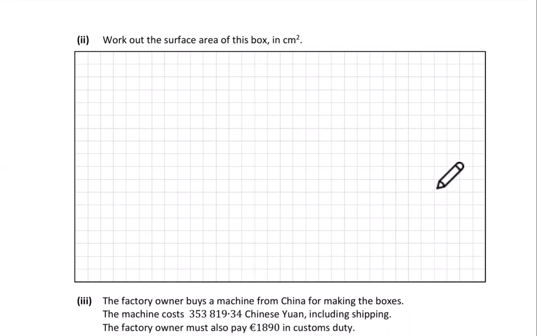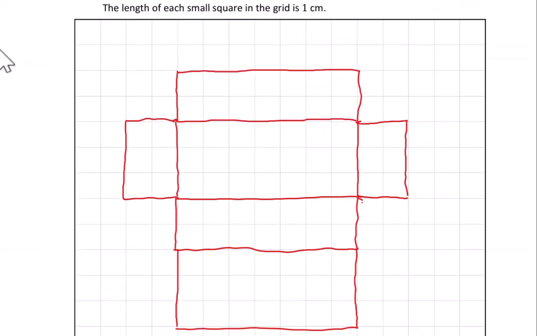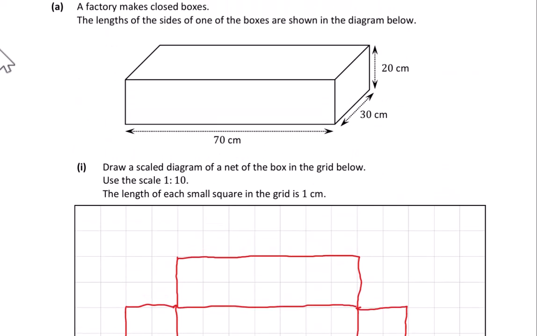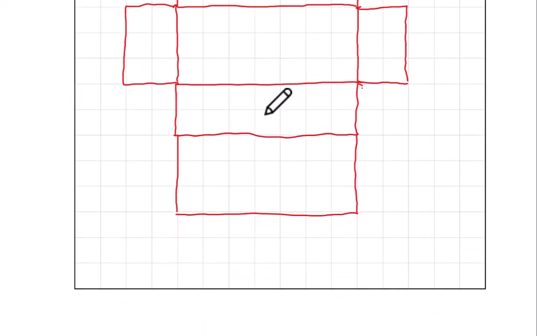Okay, next question. Work out the surface area of this box in square centimeters. Okay, so what you need to do here is find the area of one face and double it, find the area of another face and double it, and then find the area of another face and double it, because there are 2 of each of these 3 faces. So it's going to be 70 by 20.